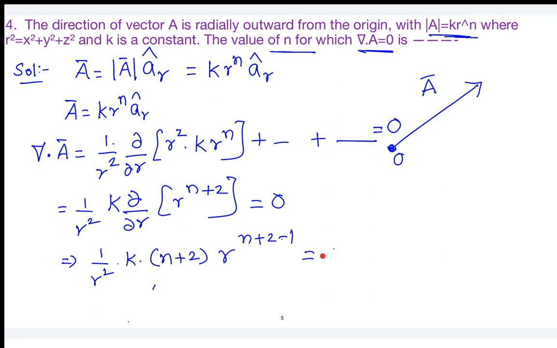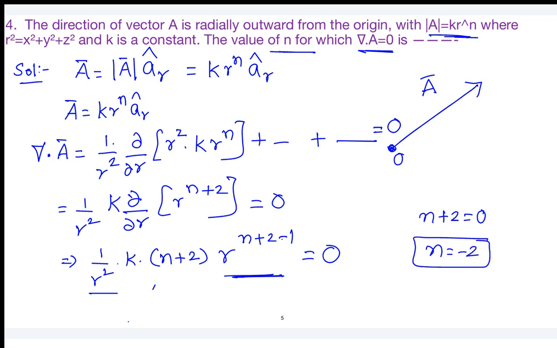So if the divergence has to become 0, then n plus 2 has to become 0, and the value of n will be straight away minus 2. So you got the question now? Any questions? Should I move on to the next one?